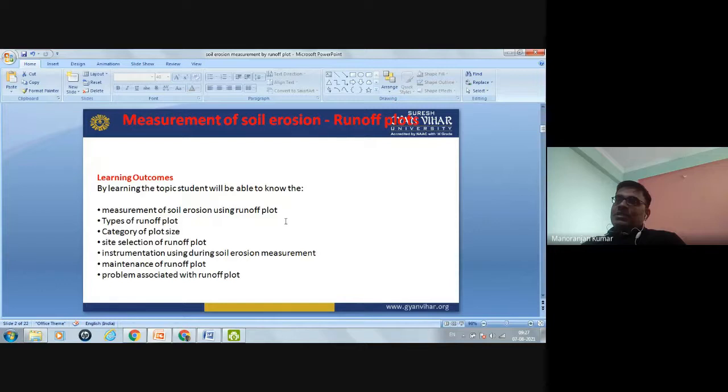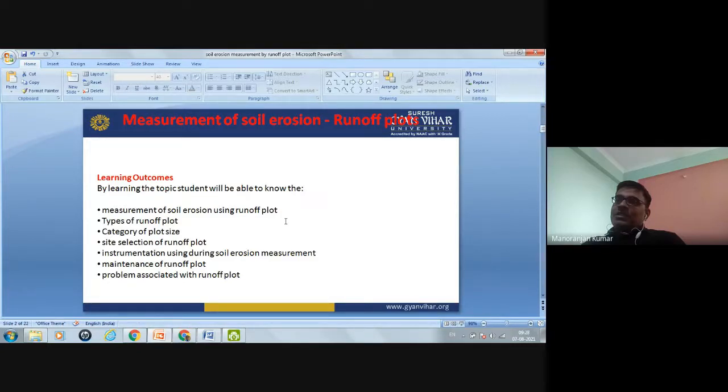By the end of this topic, you will be able to know how soil erosion can be measured using the runoff plot, how many types of runoff plots there are, what the size and different categories of this plot are, how you can select the site where you have to make the runoff plot, and the different instruments used during soil erosion measurement.